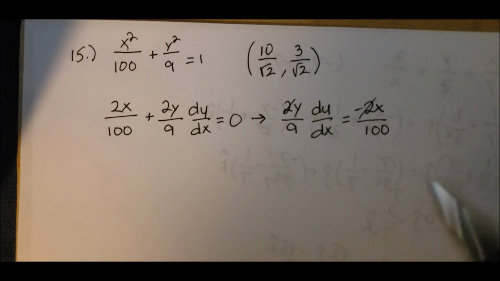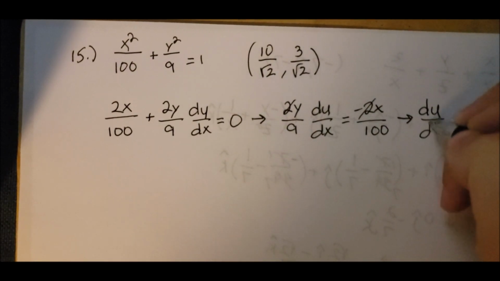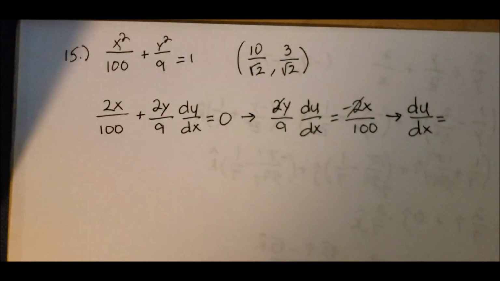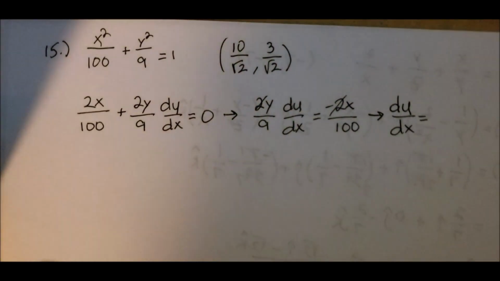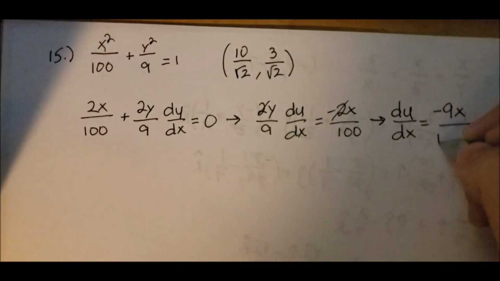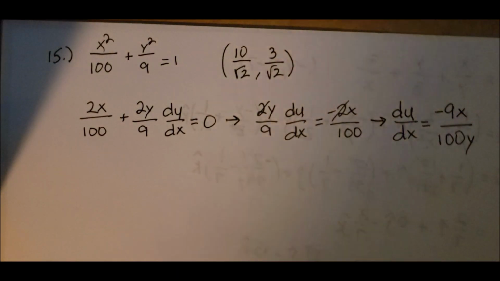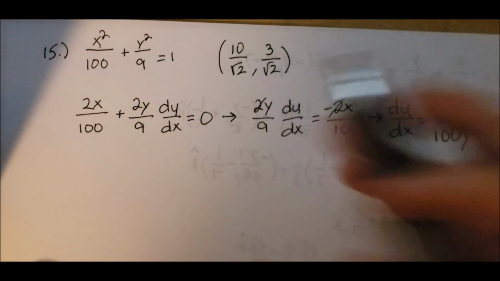Put 2 on both sides. So dy/dx is equal to negative 9x over 100y. And then I need to evaluate at this point.